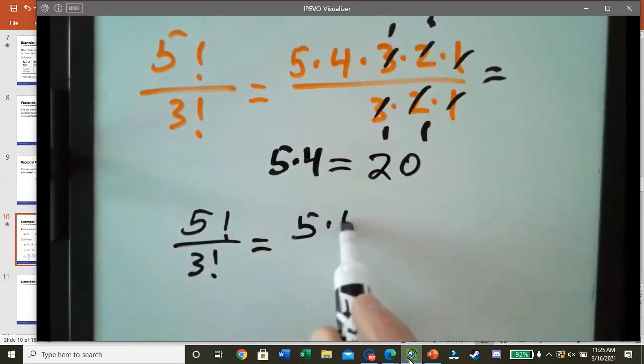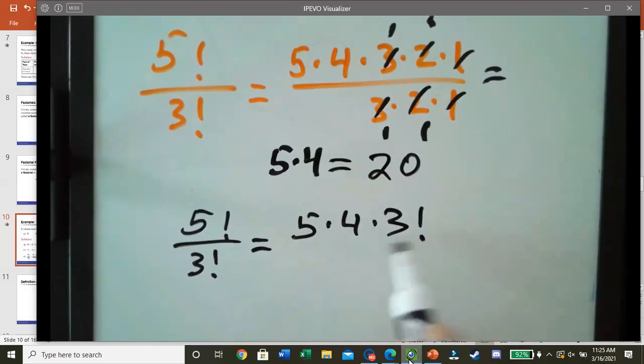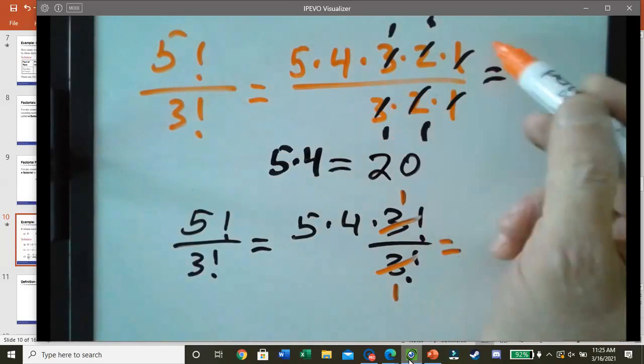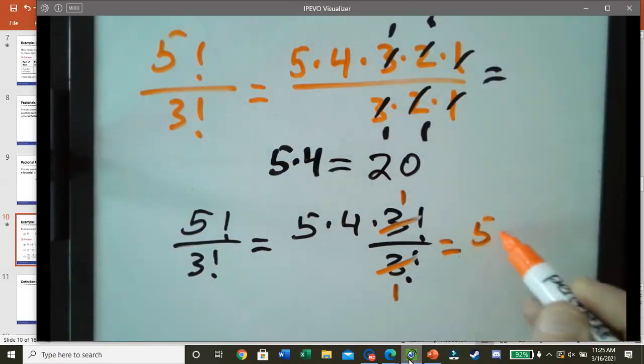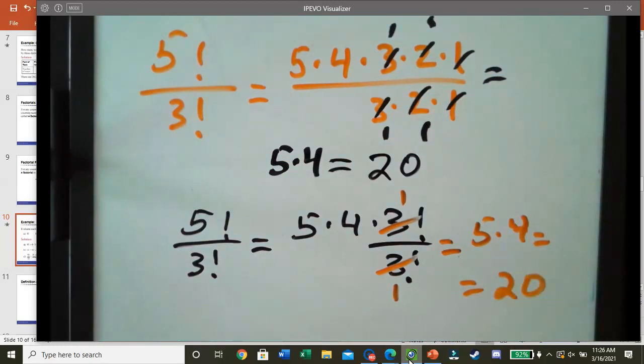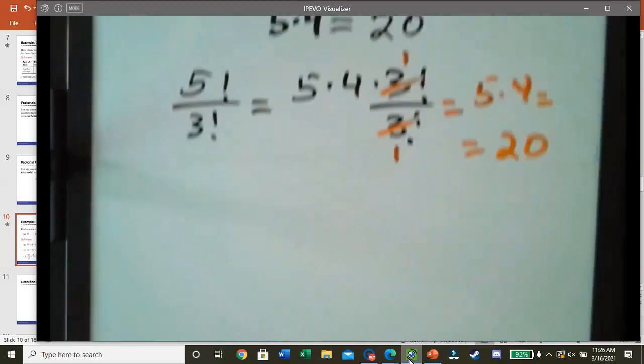So in other words, 5 times 4 times 3 factorial over 3 factorial, and then just cancel out the 3 factorials, and you still get 5 times 4, which is 20. Okay, so that's just an easier way to simplify things out.